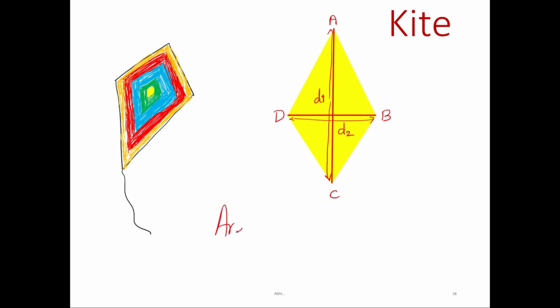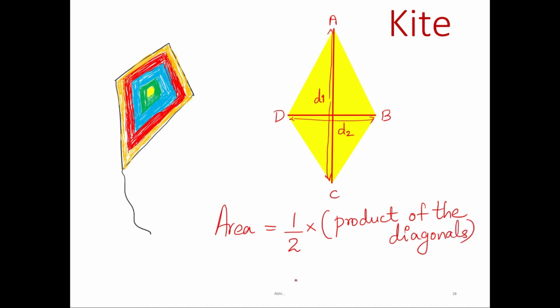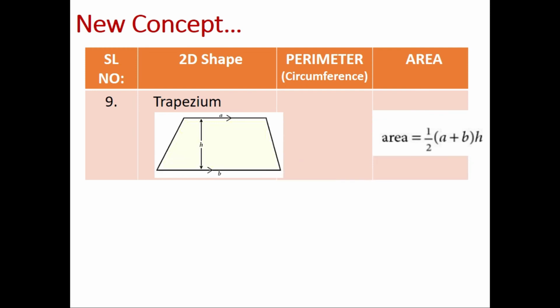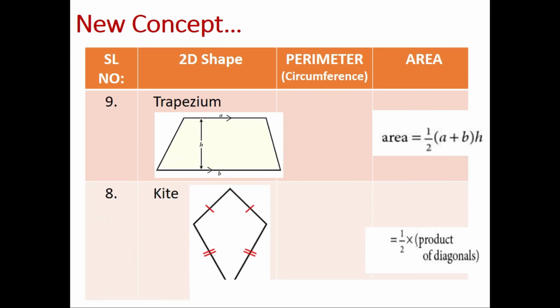So the area of a kite is given by half times the product of the diagonals. Or you can say it's D1 D2 over 2. You multiply the diagonals divided by 2. So that's about a trapezium and a kite.